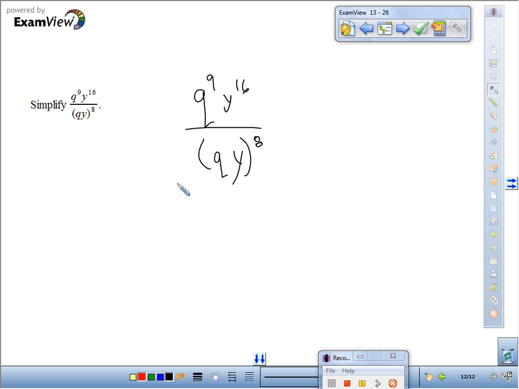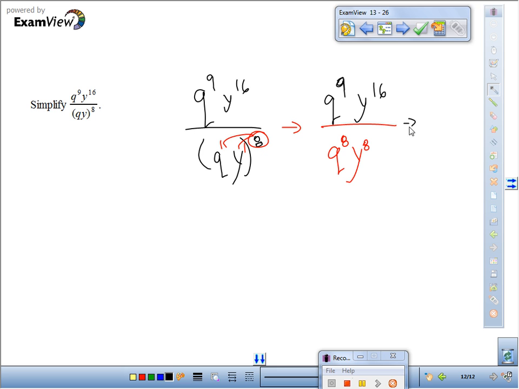But we can't do it unless we write a 1 on the ones that do not have an exponent. So therefore, this becomes q to the 8, y to the 8. And I bring this over, q to the 9, y to the 16.